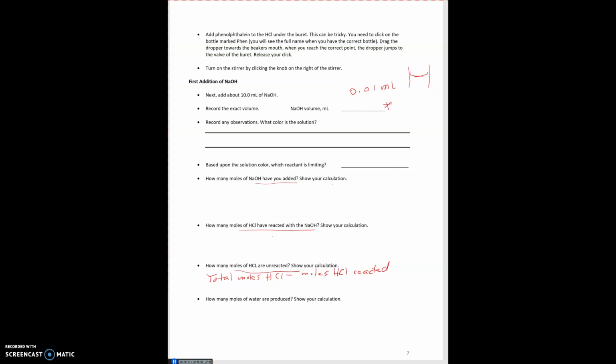And then you're going to calculate how many moles of water are produced. Remember, 1 mole of water to 1 mole of limiting reagent.